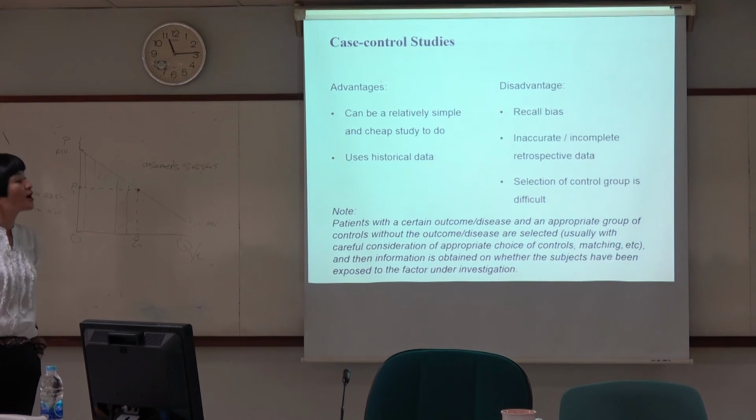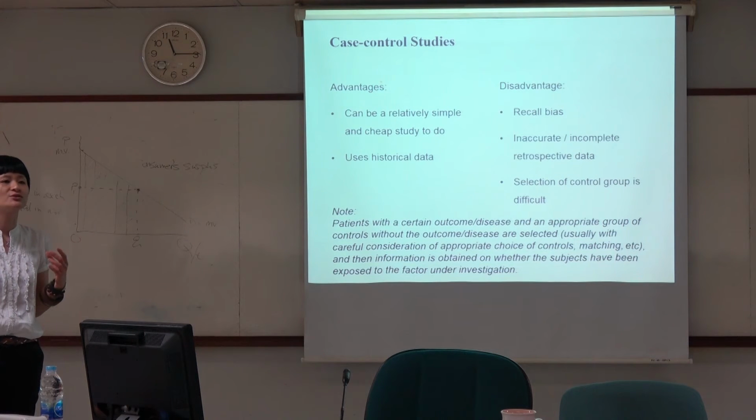Case control studies, you identify patients with a certain condition, outcomes of disease, and then you identify an appropriate control group without that condition. So usually the challenge here is matching controls, so you need careful consideration on how you match. Nowadays you match on multiple criteria.